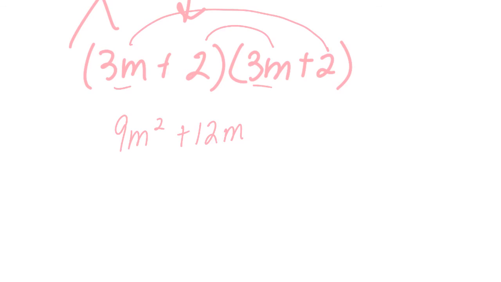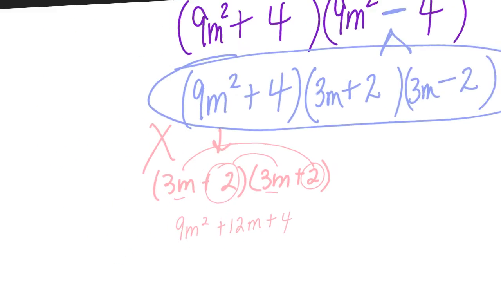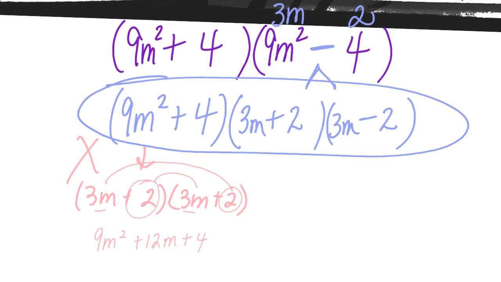Those don't cancel out. Last terms would be 4. So remember, the reason why they canceled out was because it was the difference. So this key right here is the difference of two squares. We would never factor this to be 3m plus 2, 3m minus 2. So say no, no, no to that. And know that this top is my answer right here: 9m squared plus 4 times 3m plus 2 times 3m minus 2. Great job.